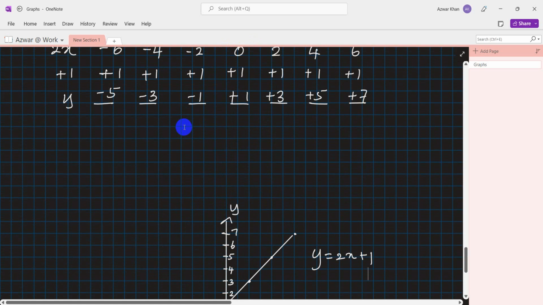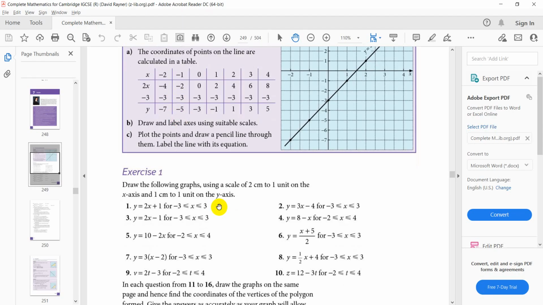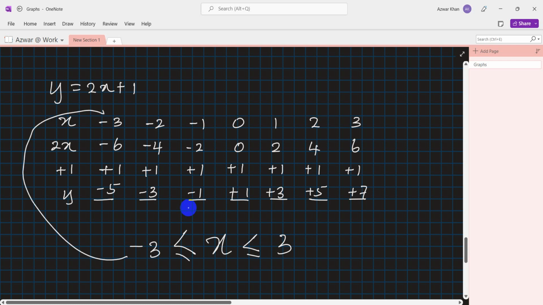So the steps you have to follow are, first look at the equation or the function given and check what range they have mentioned. Usually they mention the range. Here they have mentioned x less than or equal to 3 and greater than or equal to minus 3, which means you have to set the x range from minus 3 to plus 3.